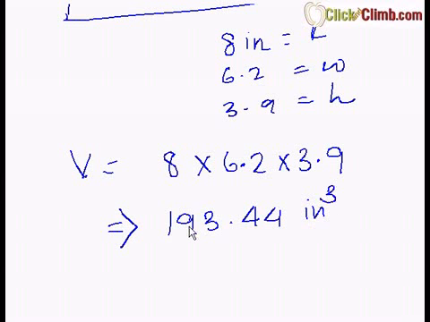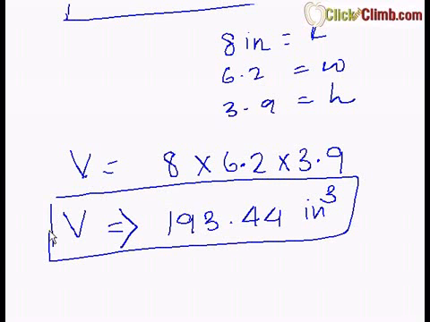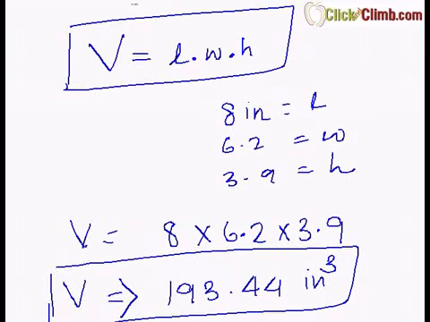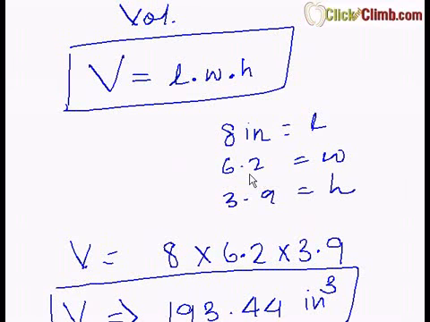Okay, so this will be the volume of this particular prism, and this is how we find the volume of a rectangular prism, by using the simple formula L times W times H.